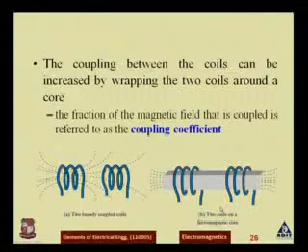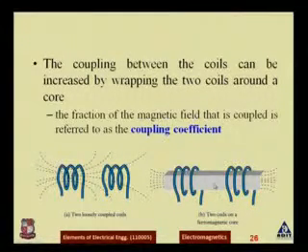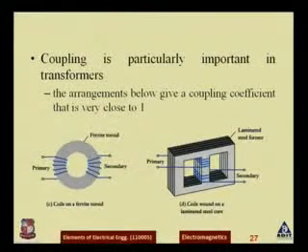So what will happen if we put inductive coils on a ferromagnetic core or in a loose arrangement? The fraction of the magnetic field that is coupled is called the coupling coefficient.